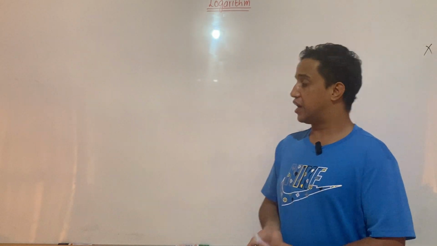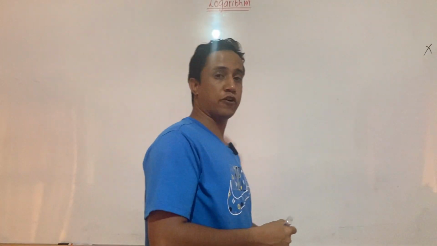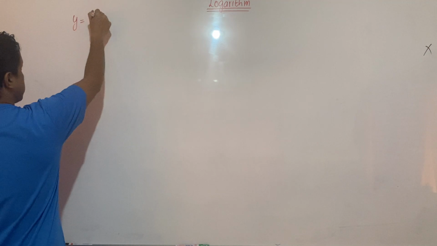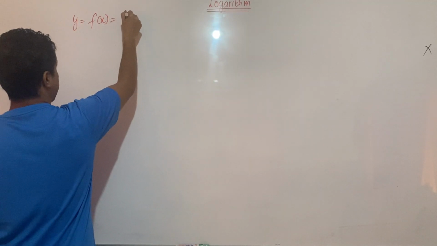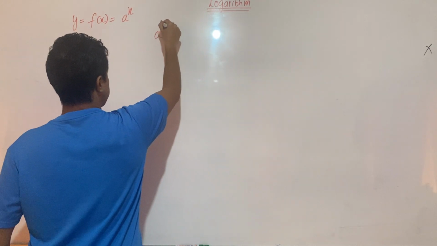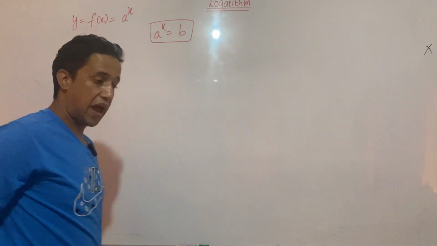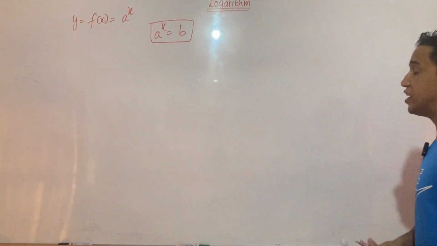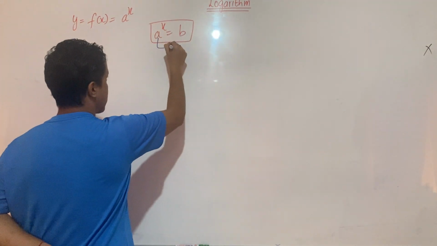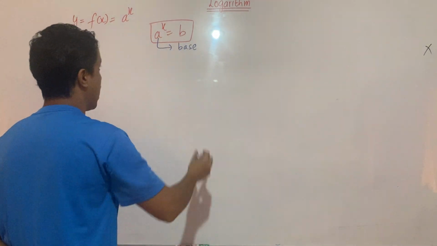Okay, if you remember, the exponent functions are represented as y equals f(x) equals a^x, or I can write a^x equals b, right? And then we have some conditions. First see here, a represents the base, right?